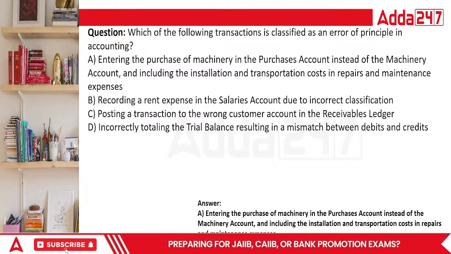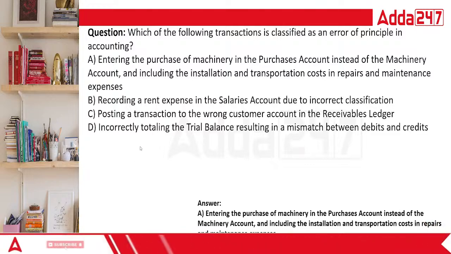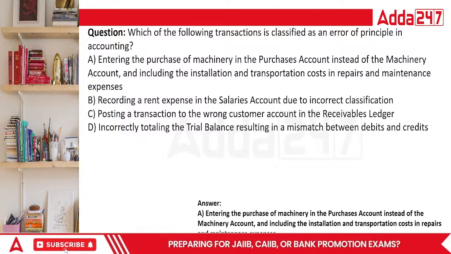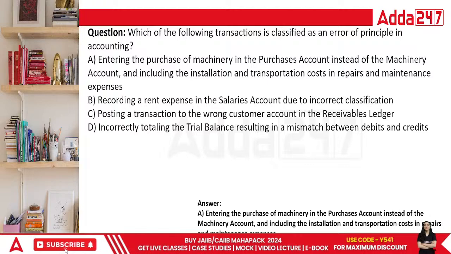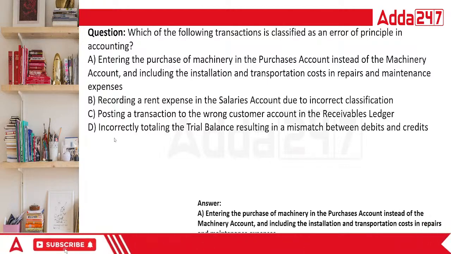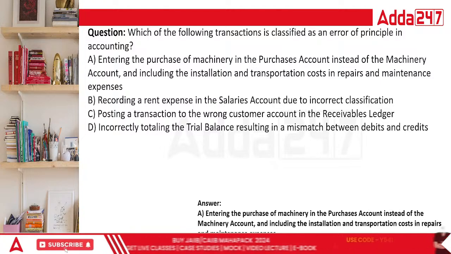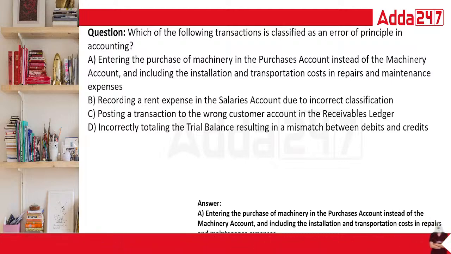Entering the machinery purchase in the purchases account instead of the machinery account, then rent as salary and salary as rent, this is a part of commission. Error of commission looks like this, everyone. Right? Posting in the wrong customer account is again an error of commission.